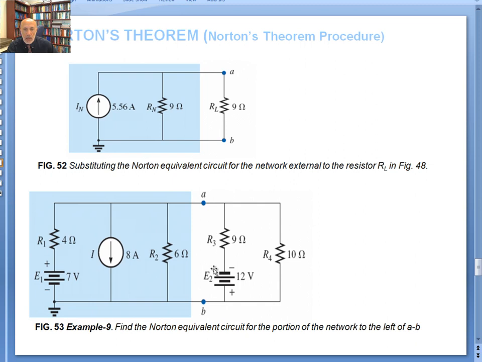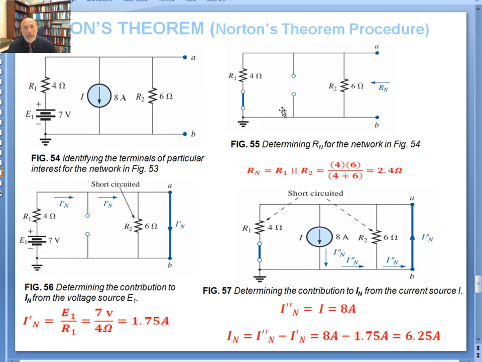We want to analyze this part of the circuit, so that's your network A. We want to replace everything to the left of terminals A and B with a Norton's. To calculate R Norton's, you can open circuit there and short circuit that, and that should be straightforward. You've got R1 in parallel with R2. 4 times 6 divided by 4 plus 6 gives you 2.4 ohms.